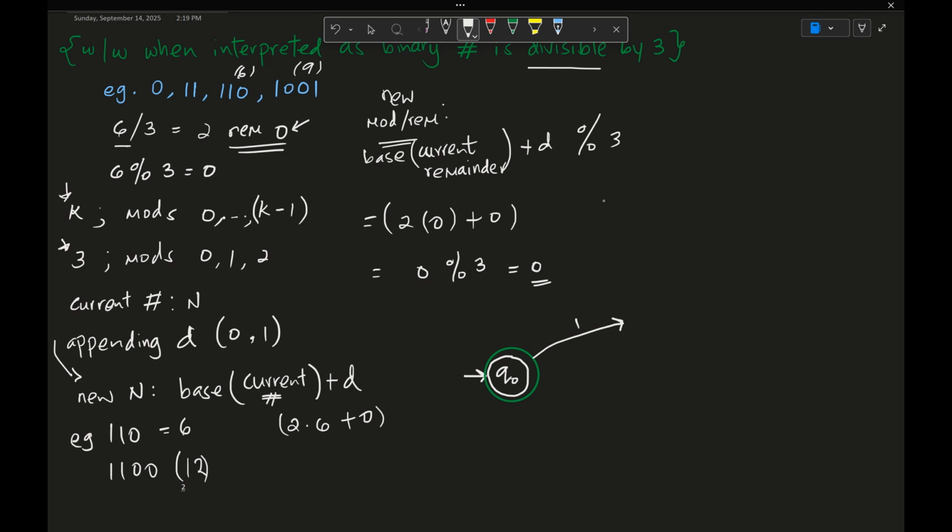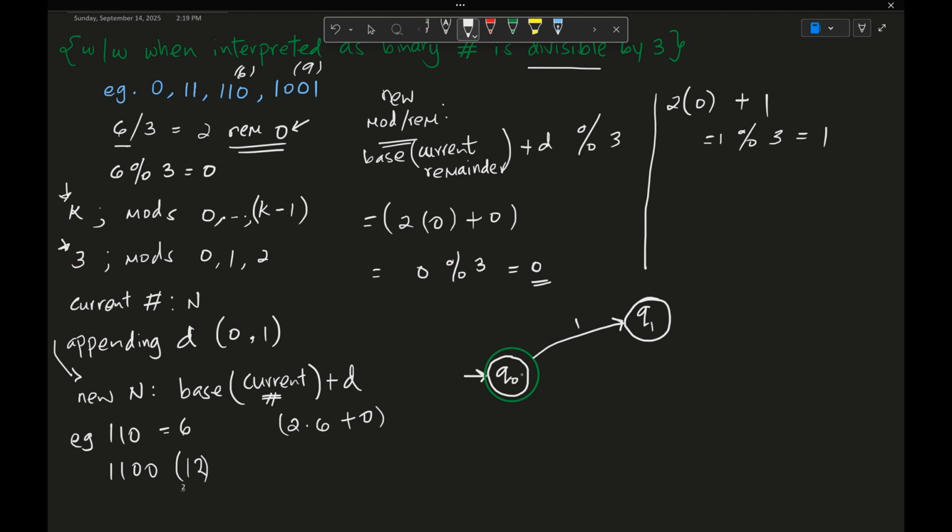The base is 2, the current remainder is 0, and then we append a 1. Each transition is whatever we're appending to the digit. So that is 2 times 0 plus 1, which is 1 mod 3, which equals 1. So this takes us to Q1, a state where the remainder is 1.